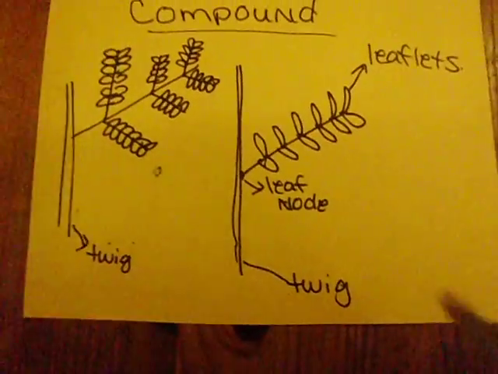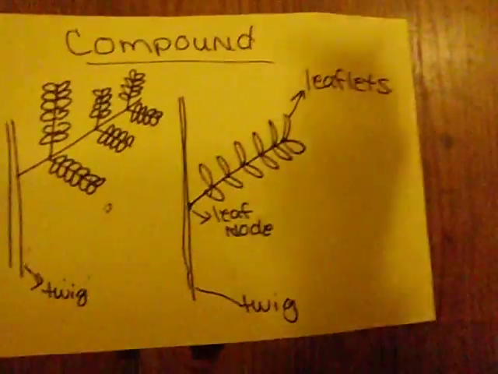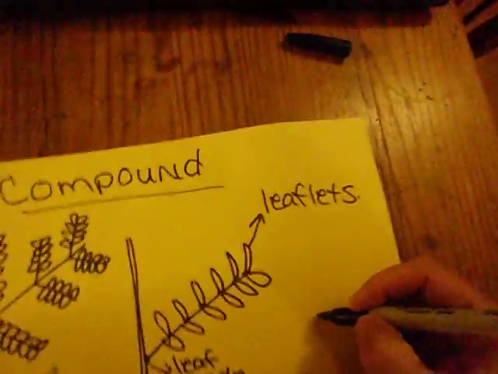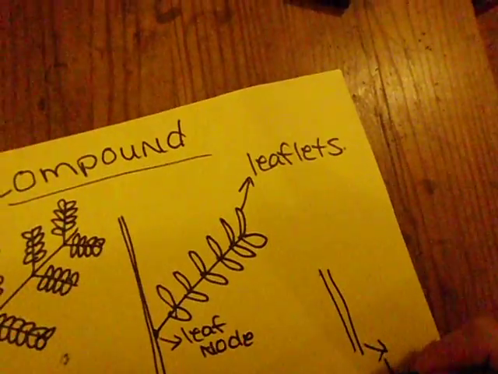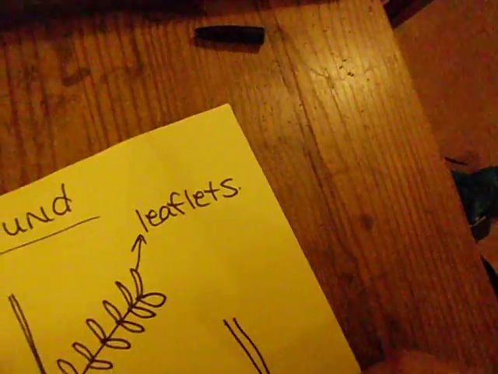Let me draw real quick to show you. There is some variability in what a compound leaf would look like. You'll have a twig, then we have our leaflet, our leaf that comes out at the leaf node, which will be right here.